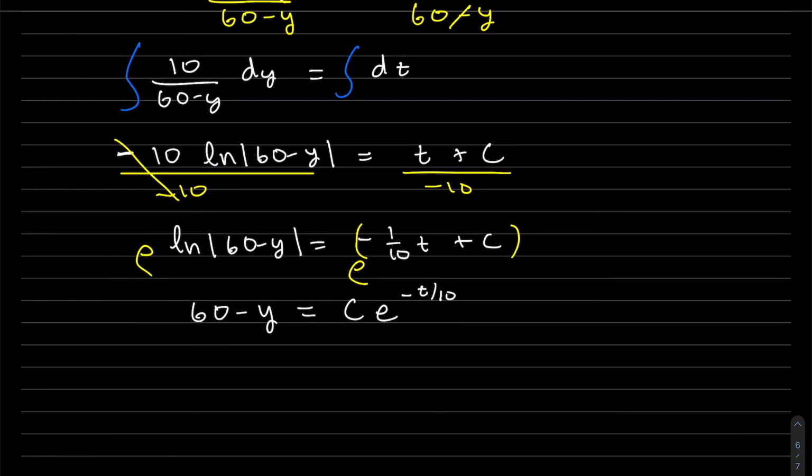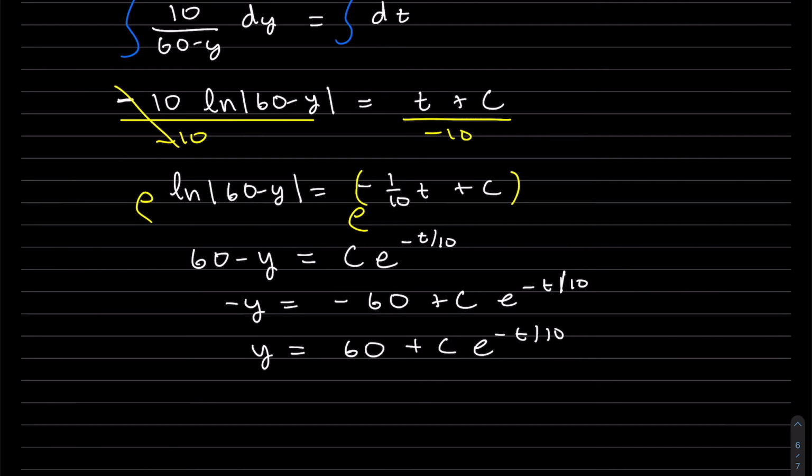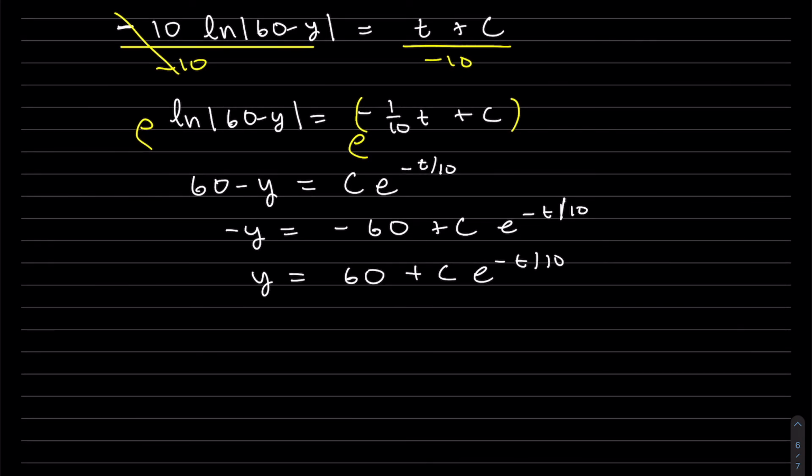Solve for y. But yet again, that minus can get absorbed into the C if you like, so we can make that a plus. Be careful when you're absorbing. Negative 1 times C is C. So we have our equation.